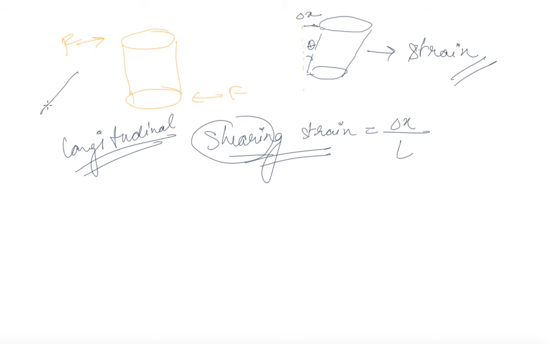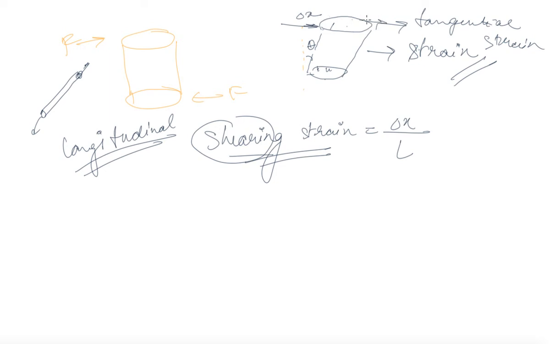Longitudinal strain is basically the change in the length, but shearing strain is basically the change in difference between the two surface areas. The change that is known as the shearing strain is sometimes also known as tangential strain, because this is the change that is being produced in the direction of the tangent.